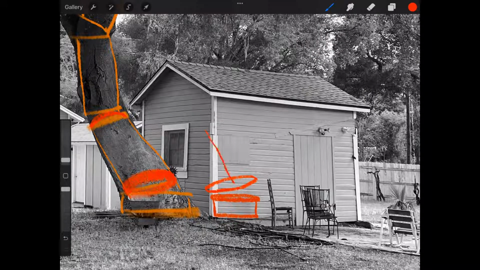Right? It's leaning that way. And if we see the bottom, we can't see the top. So now we have more information than we did with the simple square, right? Not only do we know if it's leaning left or right, but now we know if it's leaning in or out.